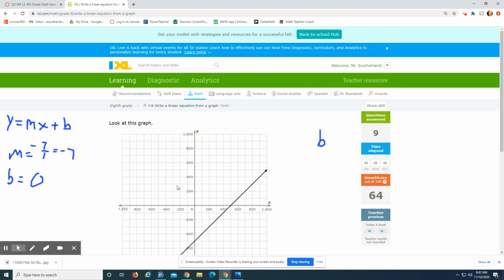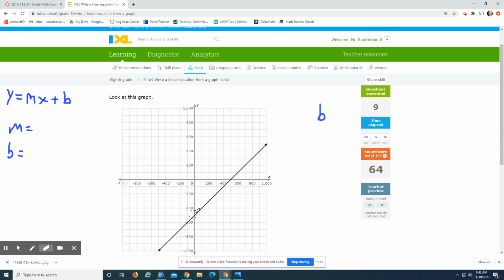And then you're going to keep doing this over and over again. It doesn't change. So let's get one wrong and see what it tells you, so we can see the directions on it. The first thing is we can see that it crosses at negative 500.